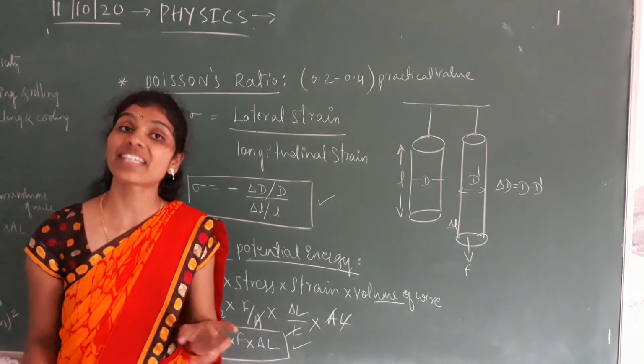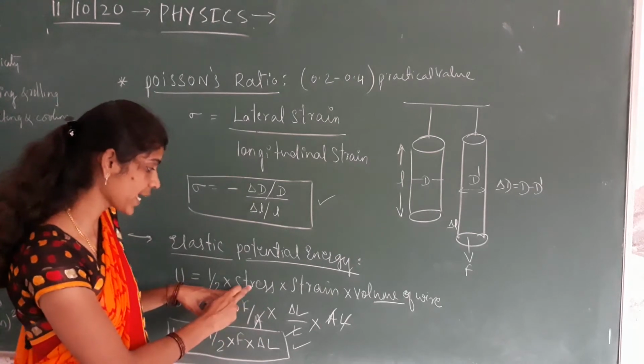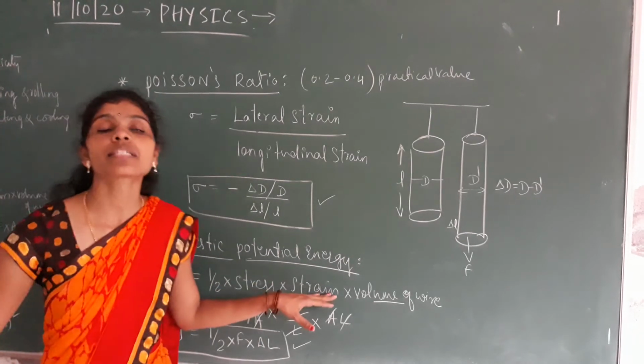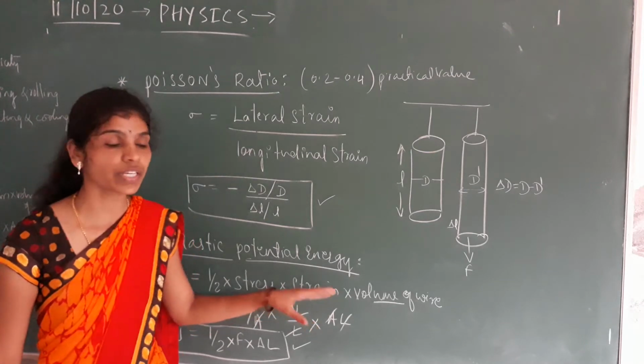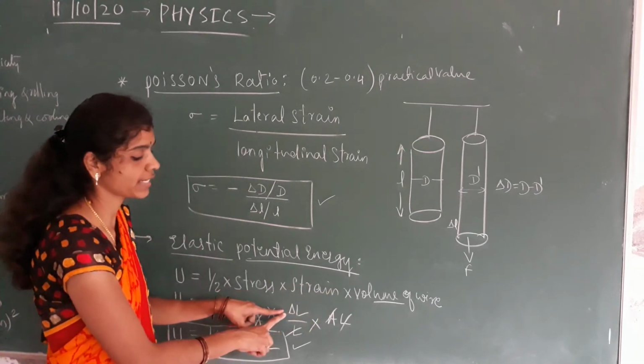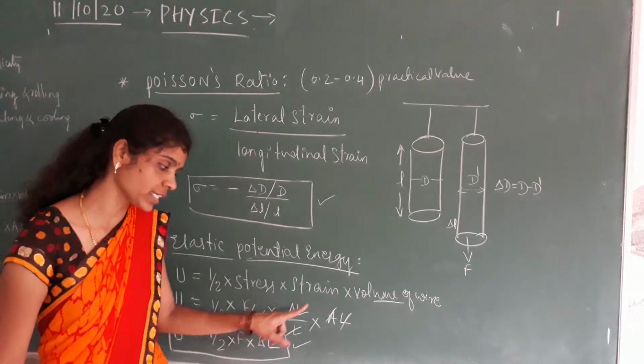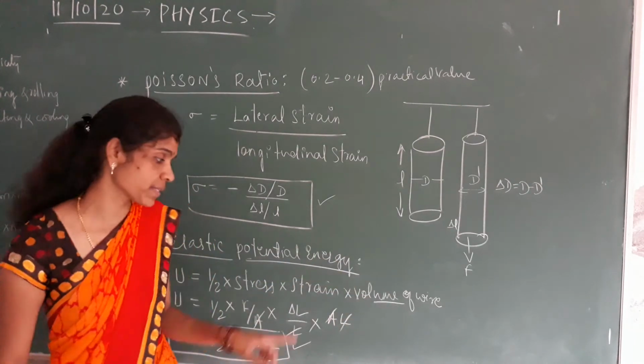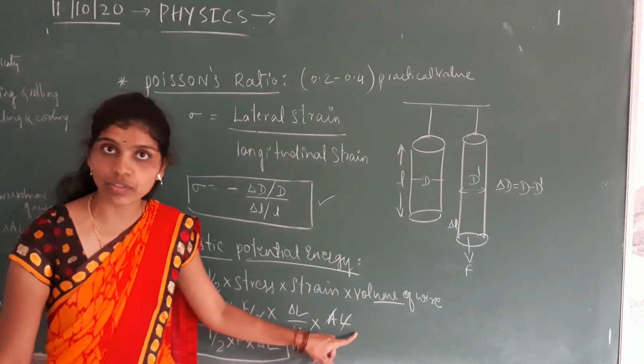Stress means the restoring force per unit area, given by the formula force by area. Strain is nothing but the change in configuration to the original configuration, represented by delta L divided by L. And the volume of the wire is area into length of the wire.